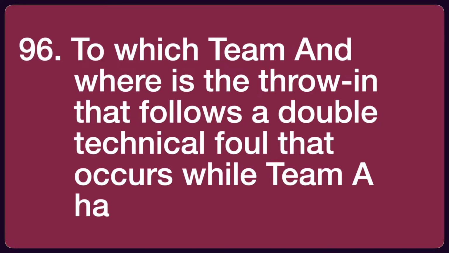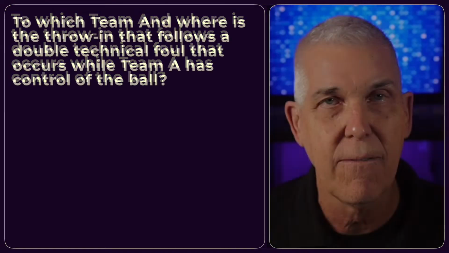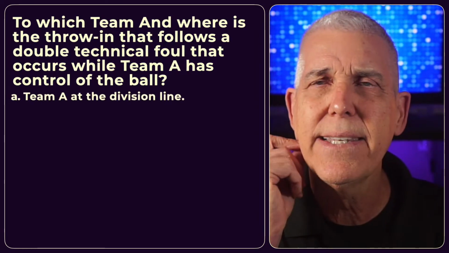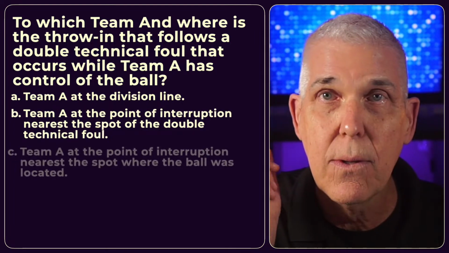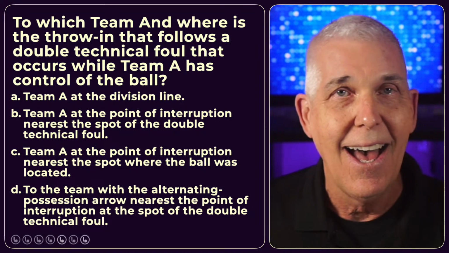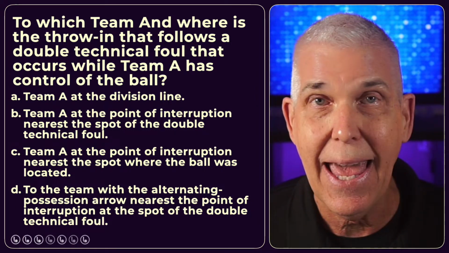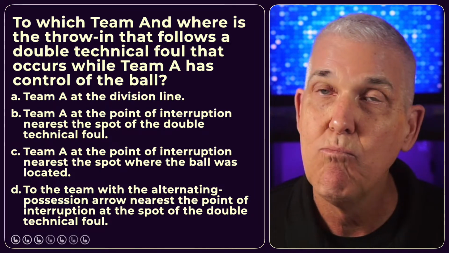To which team and where is the throw-in that follows a double technical foul that occurs while Team A has control of the ball? What kind of technical? Oh, double technical? Oh, that's helpful. Okay, while Team A has control of the ball. A, Team A at the division line.